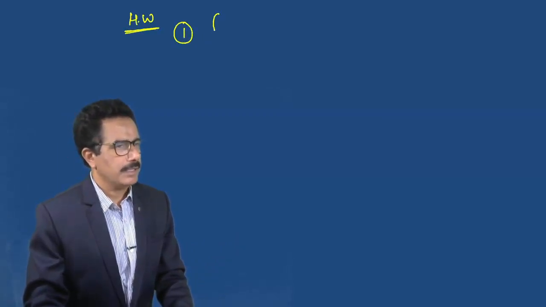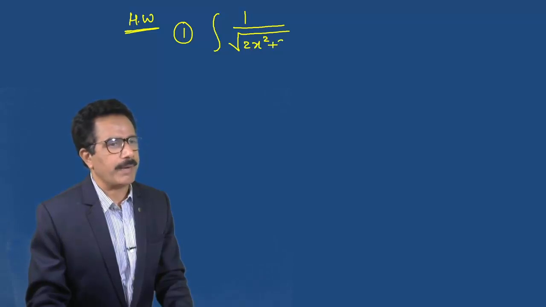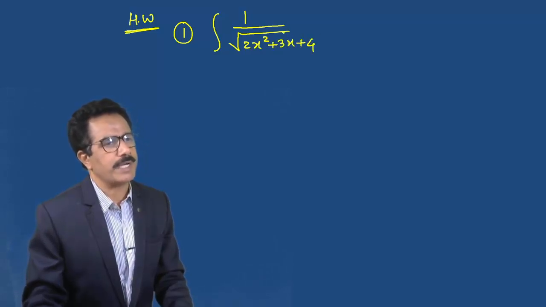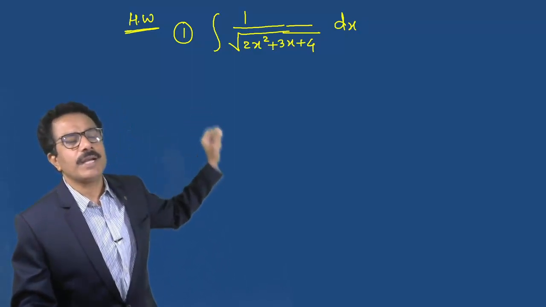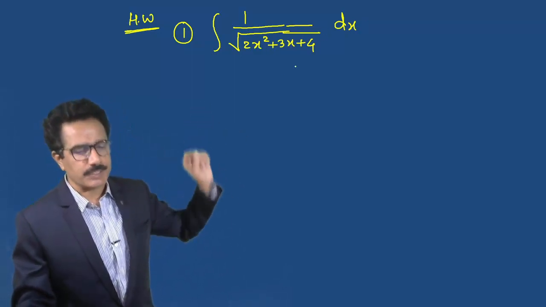First, integration of 1 upon root 2x square plus 3x plus 4 dx. This is an example of 1 upon root ax square plus bx plus c.